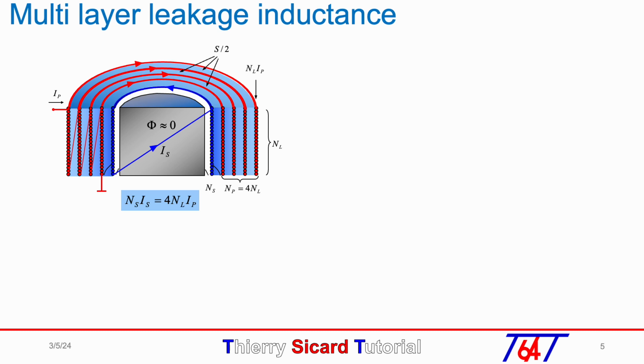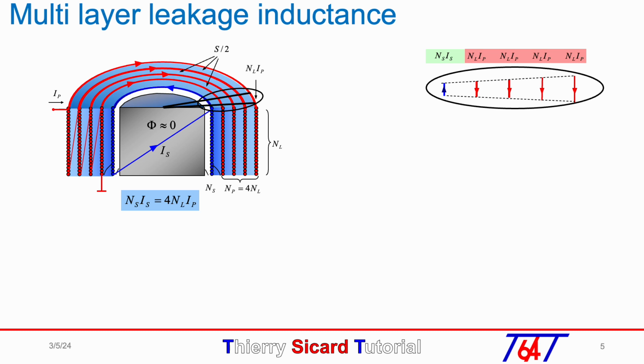To simplify the description, we will just zoom on a sector of the coil from the top view. On this view, we will see the 4 NL IP current in the primary side and the NSIS in the shorted secondary coil. The first layer has NL times IP current, but the second layer current is equivalent to 2 times NL times IP in one way and one NL IP in the opposite way.